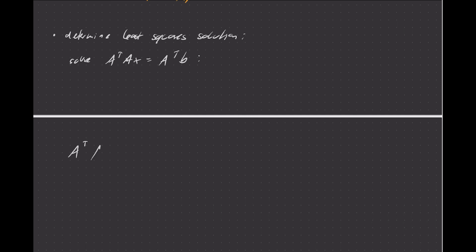So let's see, A transposed A, that is 1, 2, 0, 1, 1, minus 1, that's A transposed. A is 1, 2, 0, 1, 1, minus 1, like this. Now what we will get is a 2 by 2 matrix. The first row is, let's say, 1 plus 1, that's 2.